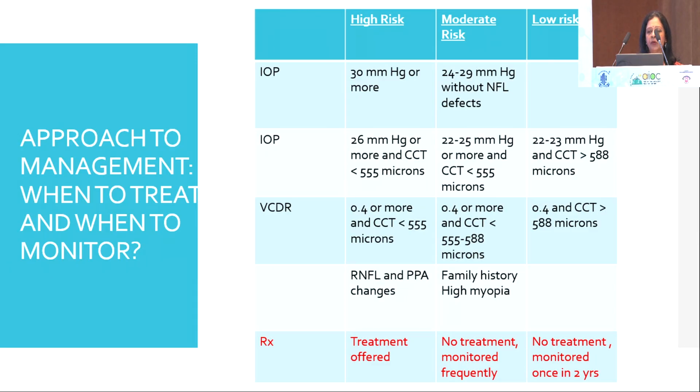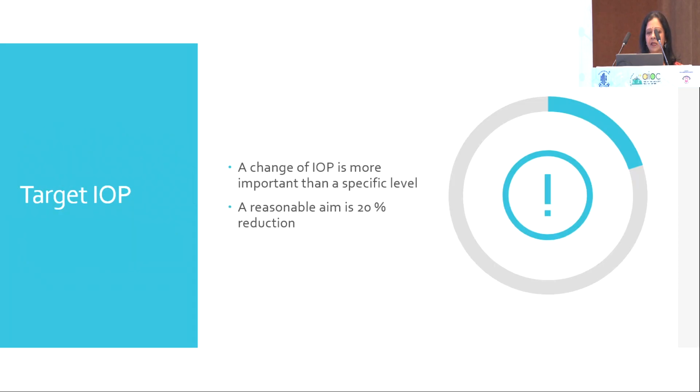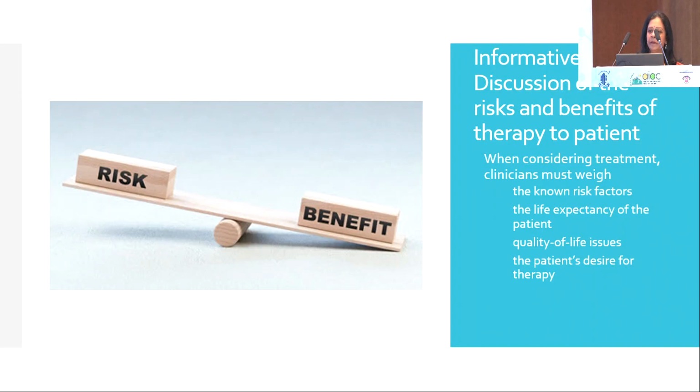If you see progression, then you can treat. In the low risk group, when the pressure is borderline, 22 to 23, and CCT is normal or high, or just 0.4 cup, no treatment is given, and you just have to monitor once in 2 years. For the target IOP, when we decide on treatment, a reasonable aim is a 20% reduction.